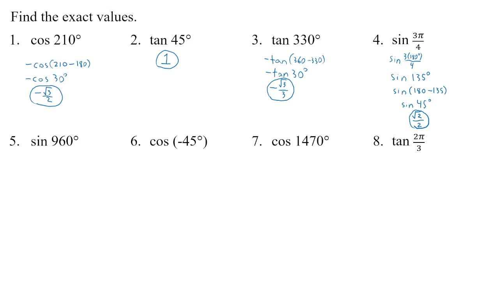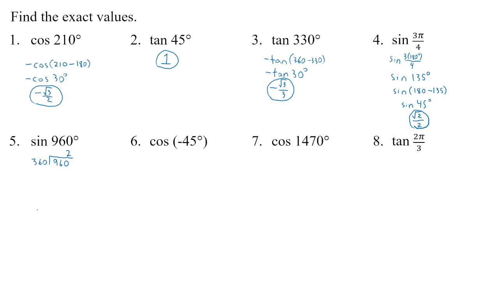So now we have sine of 960. Now, 960 degrees is more than 360. So let me show you what you do. Using long division, we divide 960 by 360. 360 goes into 960 2 times.